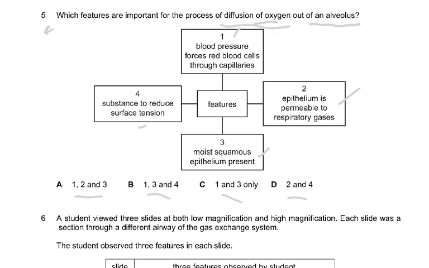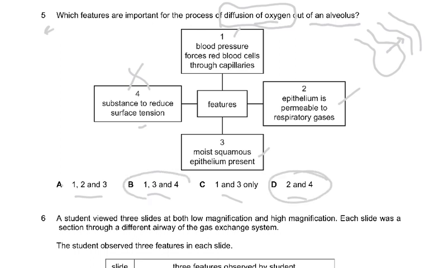But what we are talking about is diffusion of oxygen out of an alveolus. So this is an alveolus. So we want the oxygen to diffuse out into the blood capillary nearby. So 4 is wrong. When you know that 4 is wrong, then this is wrong and this is wrong.